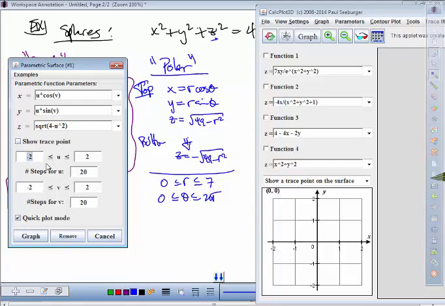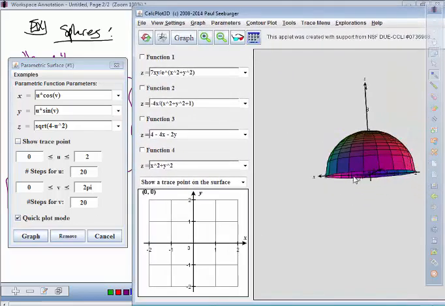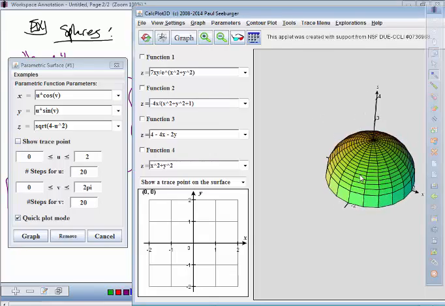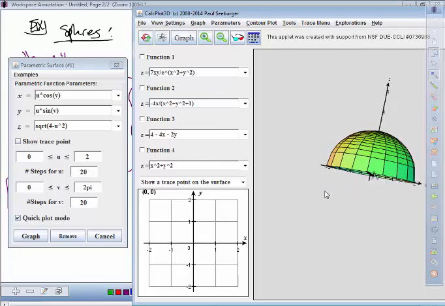So the u, which is the r, goes from 0 to 7. I'm just going to go to 2 for this example. And then the radial stuff goes from 0 to 2 pi. So it's a nicer looking sphere. But then we still have the issue about the bottom part. So we can have another parameterization to get a bottom part.